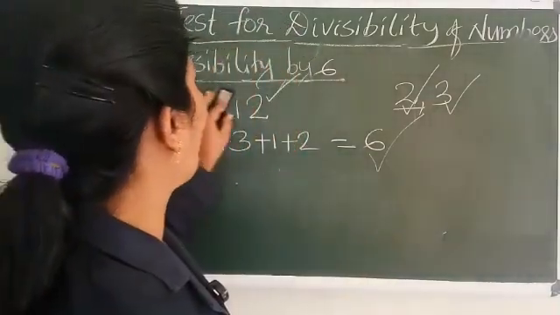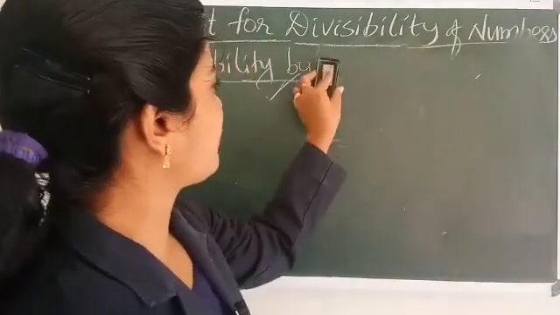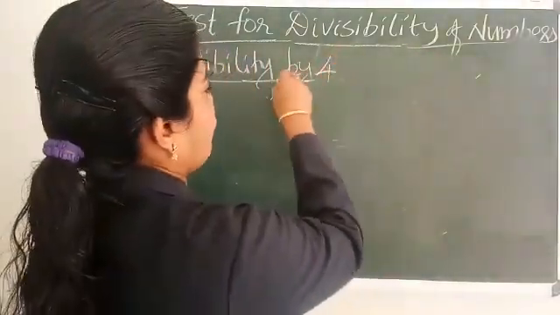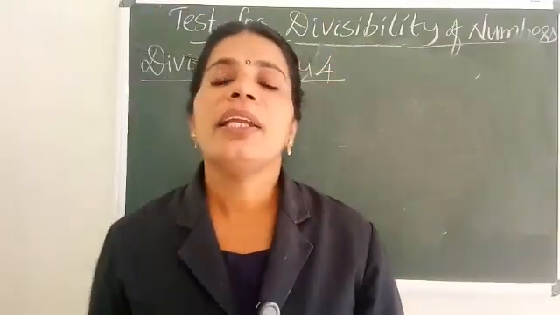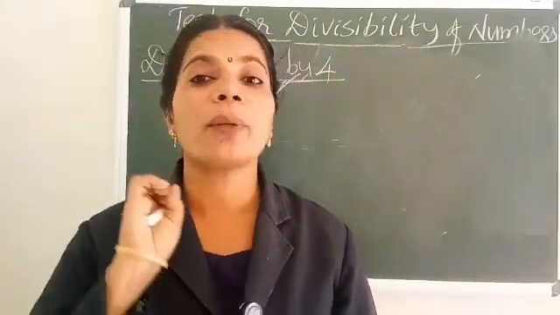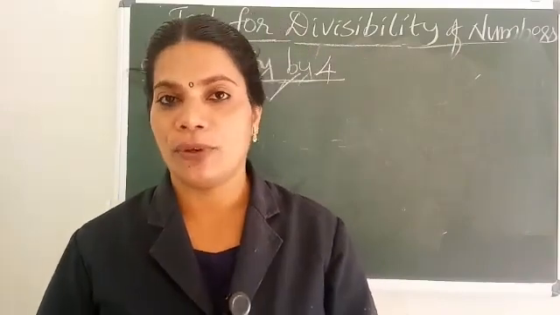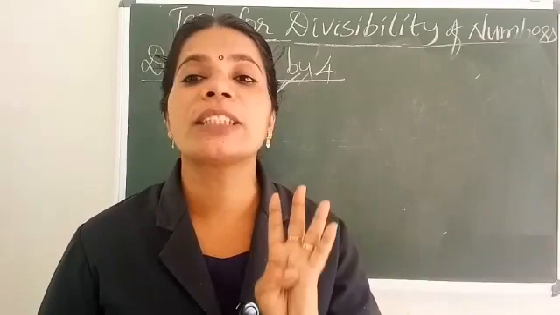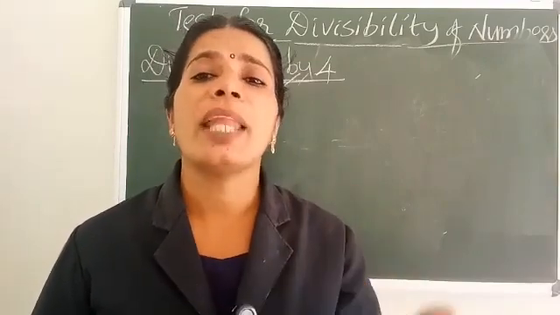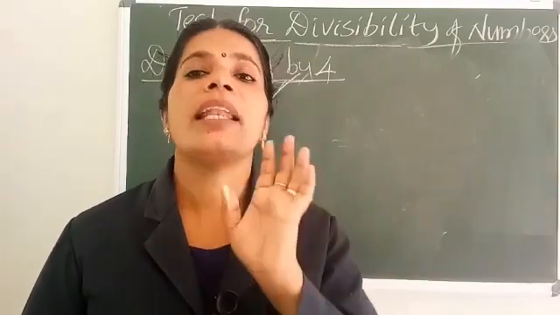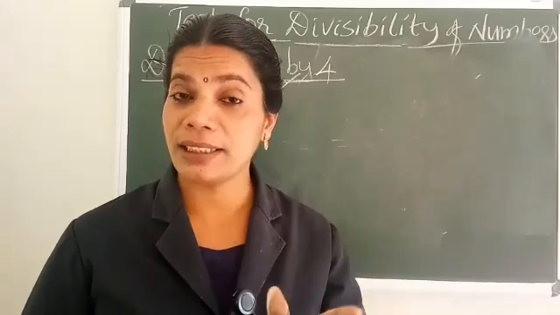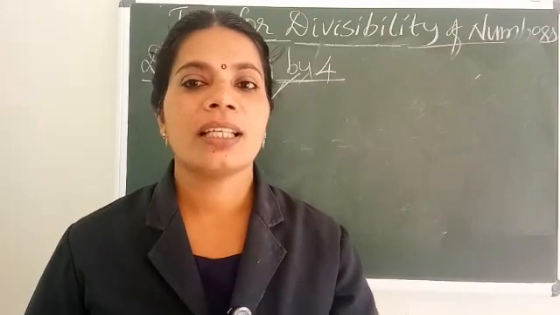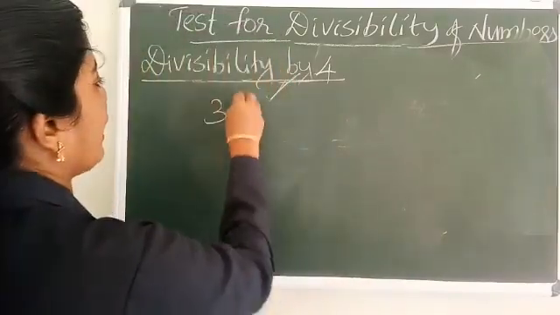Okay. Next, divisibility rule by 4. A number with 3 or more digits is divisible by 4 if the number formed by the last two digits, that is the ones and tens place digits, is divisible by 4. Consider the example 312.